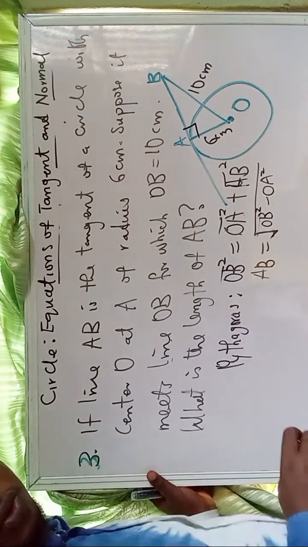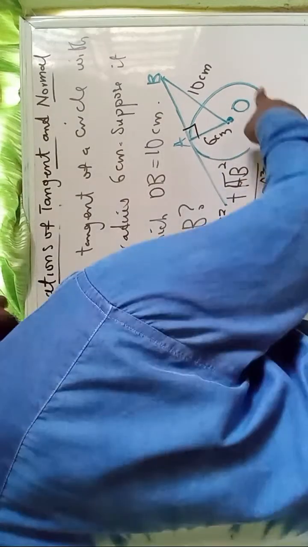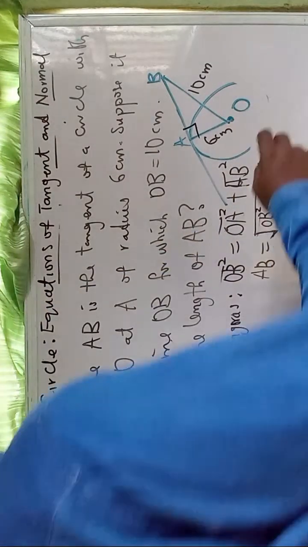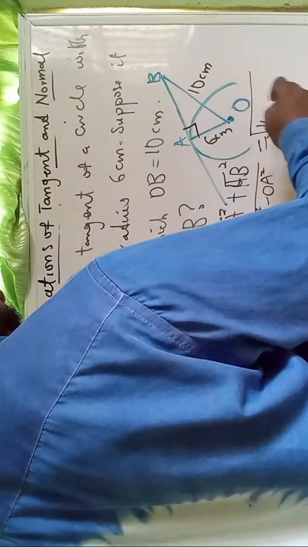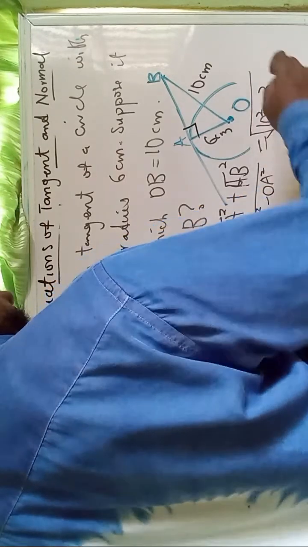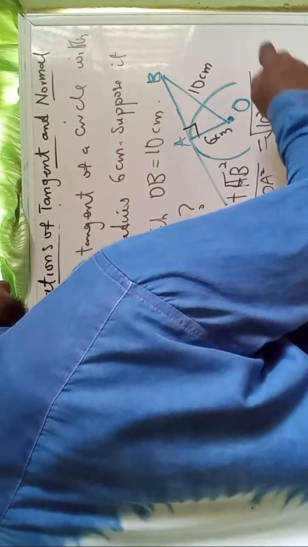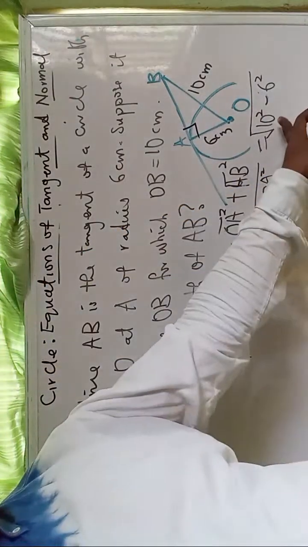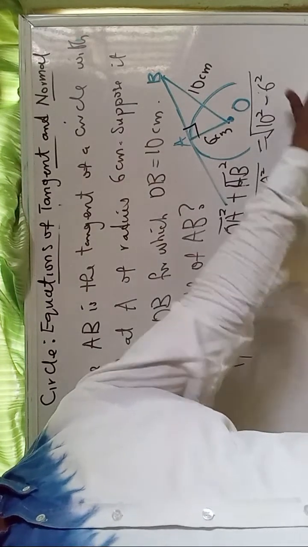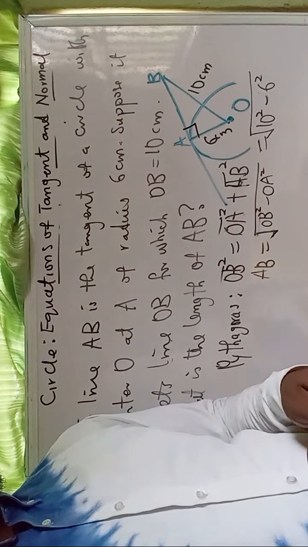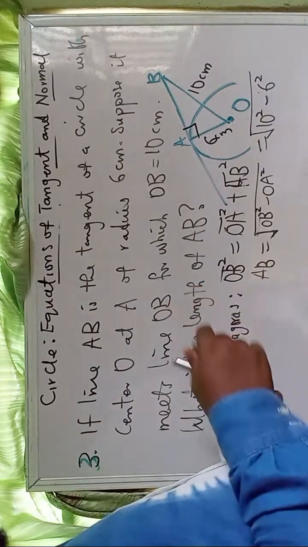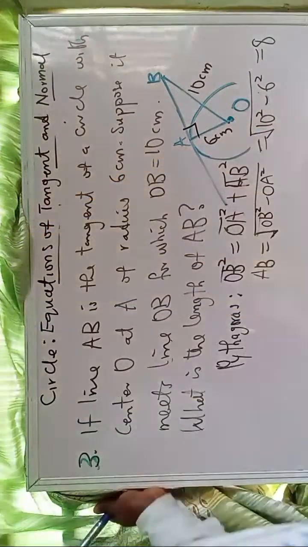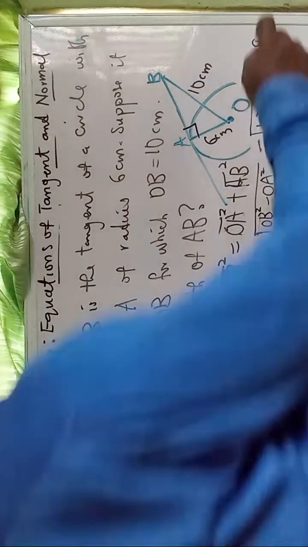When we substitute, we are told that OB is 10, which is 10 squared, and OA is 6 squared. So 10 squared is 100, and 6 squared is 36. When you subtract, that will be 64. Take the square root of 64, and it means the length of AB is 8 centimeters.